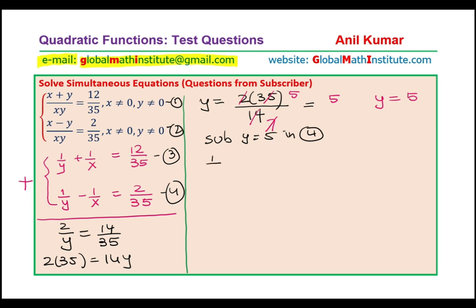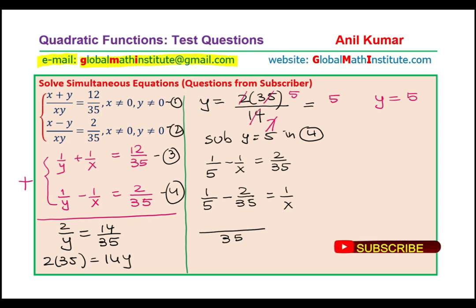So we get 1 over 5 minus 1 over x equals 2 over 35. Rearrange, we get 1 over 5 minus 2 over 35 equals 1 over x. Clear? 35 is the common denominator. Multiplying by 7, we get 7 minus 2 equals 1 over x, which is 5 over 35.